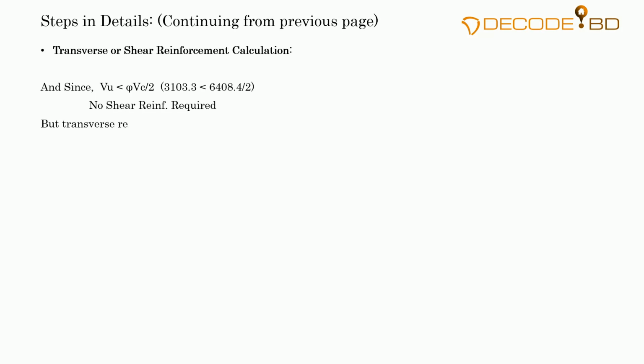But transverse rebar is to be provided to control shrinkage, which is given by the formula 0.0018 b t. Putting the value of b, strip width 12 inch, and thickness 8 inch, it comes to 0.173 square inch.